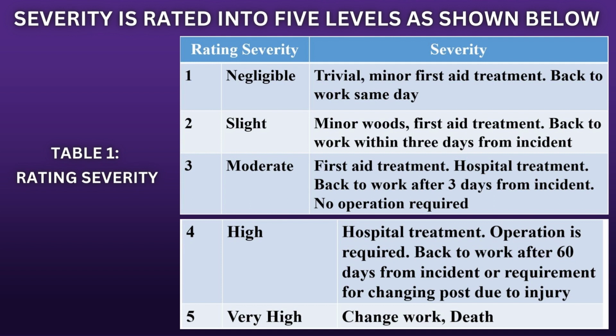Then high severity, it is explained as hospital treatment is required, operation is required, worker will be back to work after 60 days from the incident, or requirement for changing post due to injury. Means the worker has to be assigned some other work because of that injury. Then very high severity, in that case the change of work, and if it is the highest level, then there will be death and casualty.